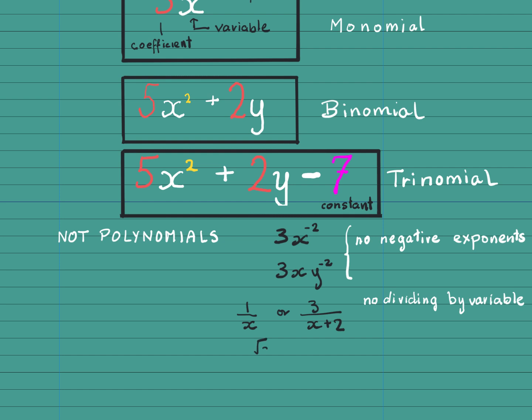Root x, or x to the 3 on 2, is also not a polynomial because no fractional exponents are allowed.